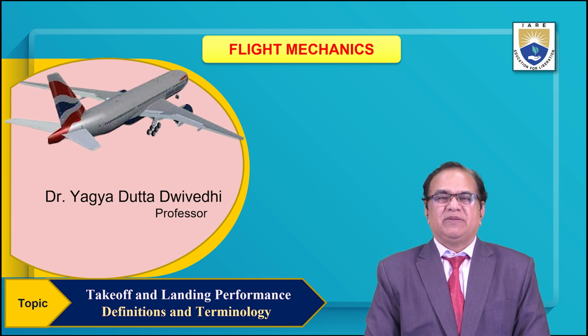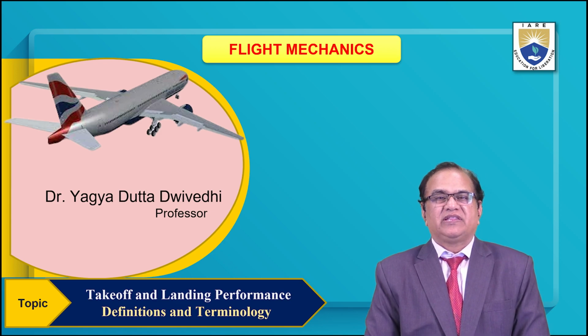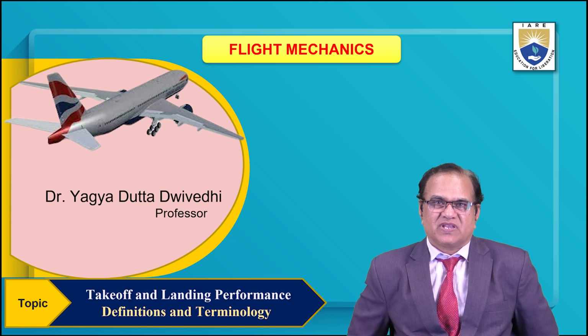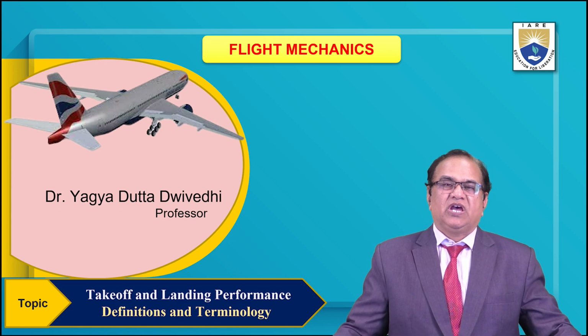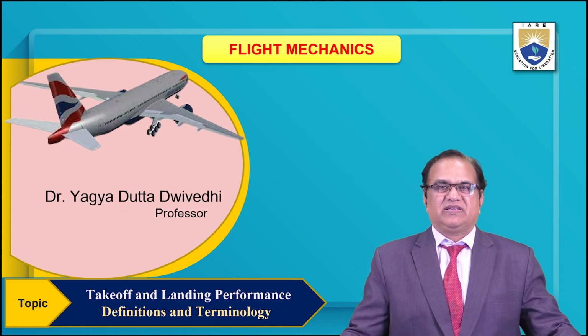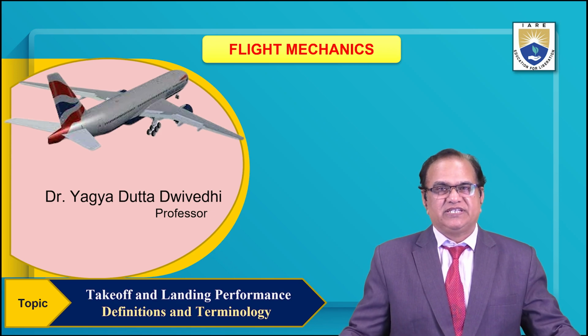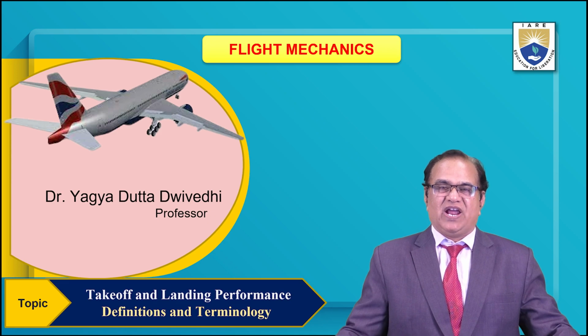It gives me immense pleasure to be here again for my course Flight Mechanics. I am at the last stage of this course, where I have already completed my theory part, that is Module 1, Introduction to Flight Mechanics.